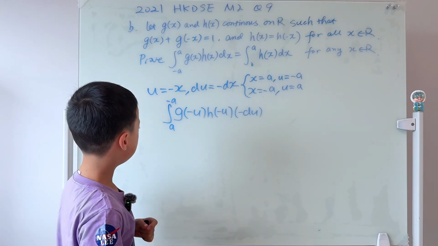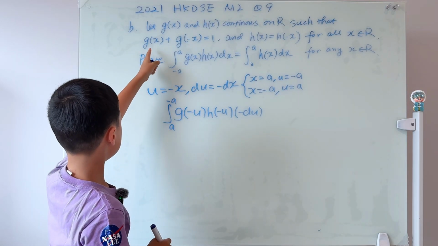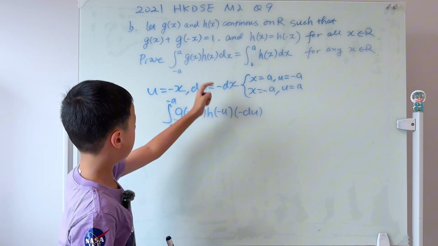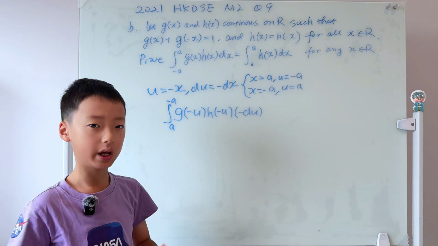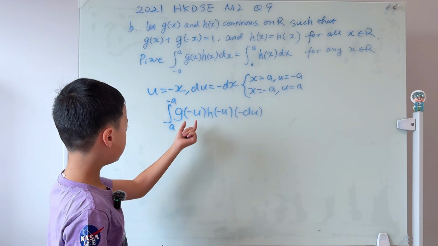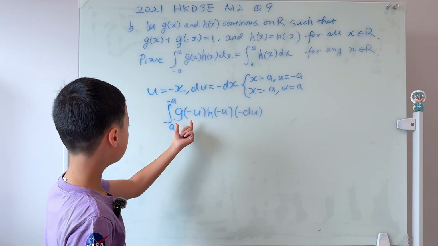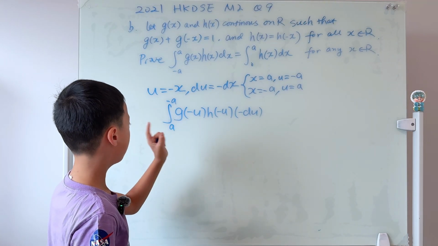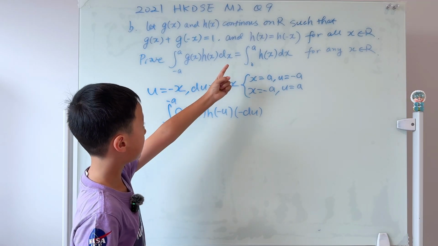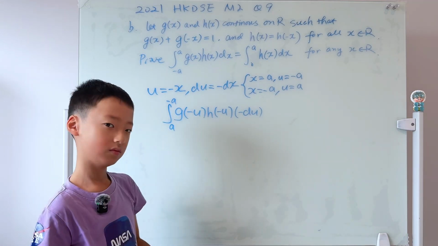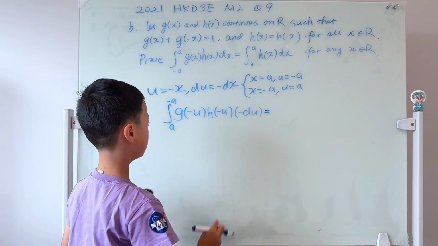How do we deal with g(negative u)? The given information tells us that g(x) plus g(negative x) equals 1, so g(negative x) equals 1 minus g(x). But this is u, but it's fine, it's just a random variable. So we can change this into 1 minus g(u), and h(negative u) is just h(u).